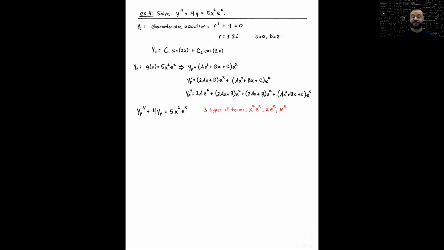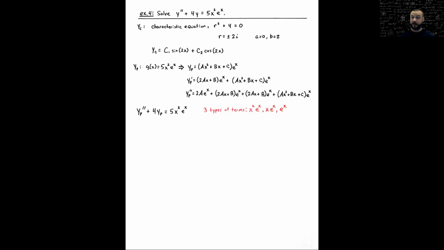The only x squared e to the x term is in the very last set of parentheses, ax squared in the parentheses, and then e to the x on the outside. So within yp double prime, the coefficient of your x squared e to the x term is a. The next term in the differential equation is 4 times yp.